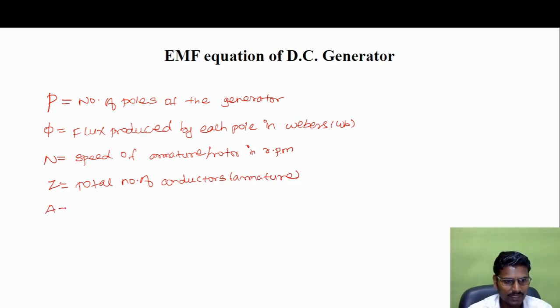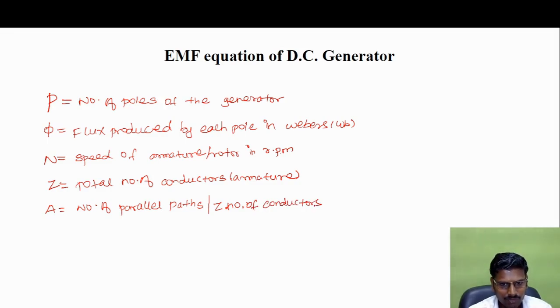Next parameter is A. A is nothing but the number of parallel paths in which Z number of conductors are divided, right?